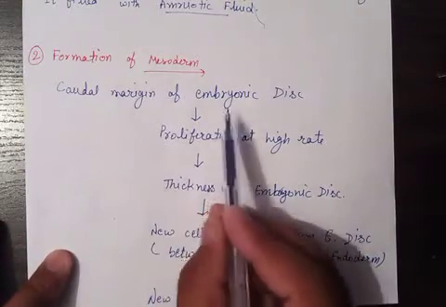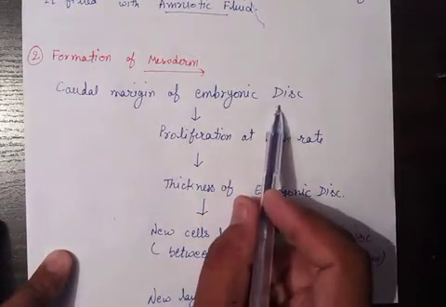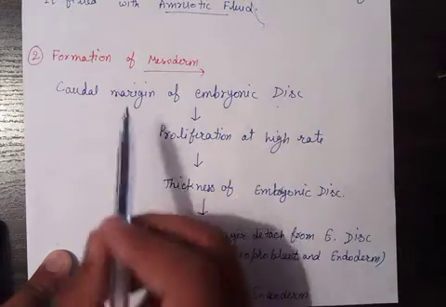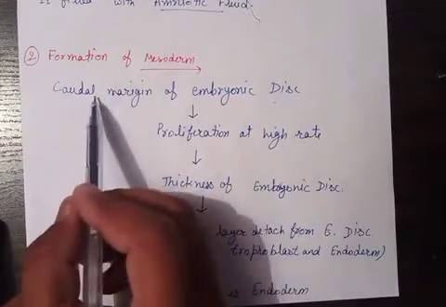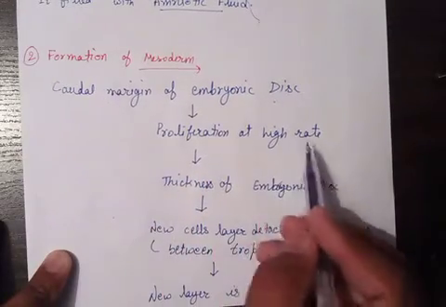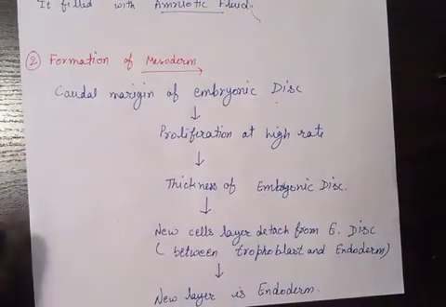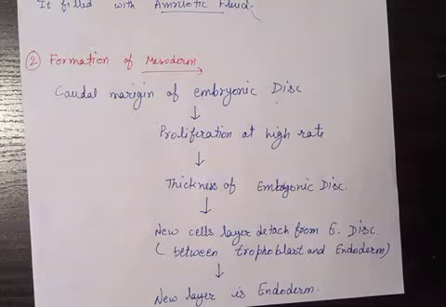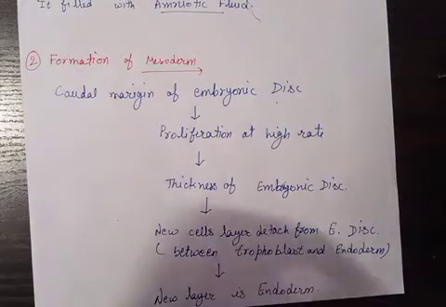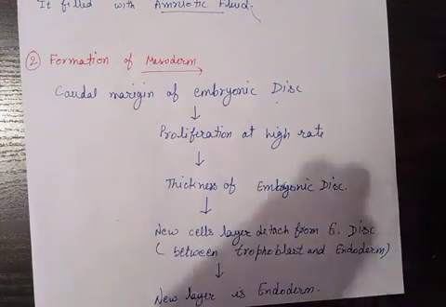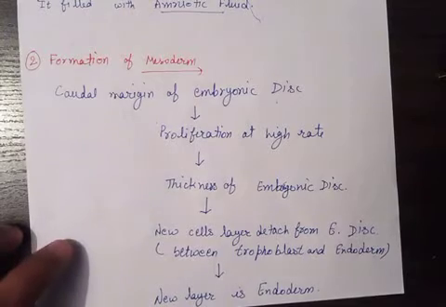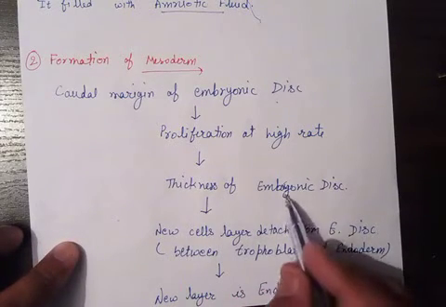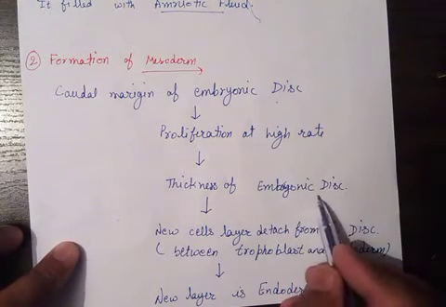The caudal margin of the embryonic disc proliferates at a high rate. The cells present at the margin proliferate at a higher rate, resulting in extra layer deposition, meaning thickening and increase of the embryonic disc. The thickness of the embryonic disc is increased.